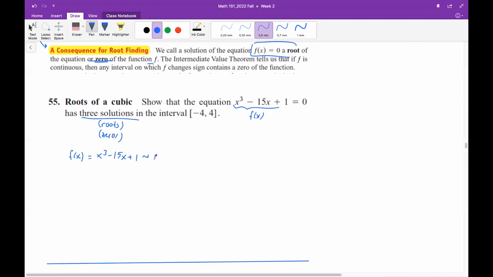So this is a polynomial function, right? A polynomial function is continuous everywhere. That's why it is continuous over the given interval, so it is continuous over this closed interval.